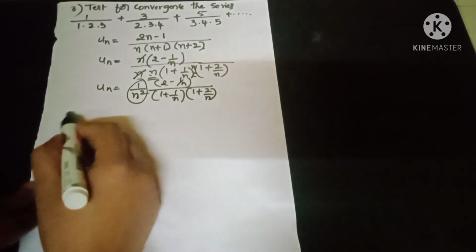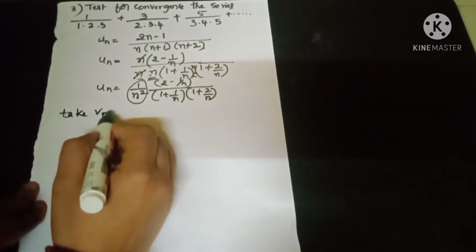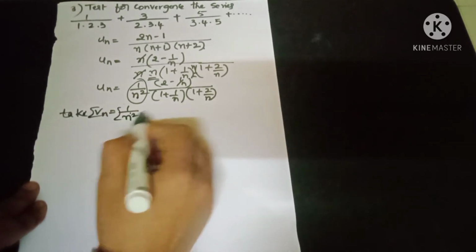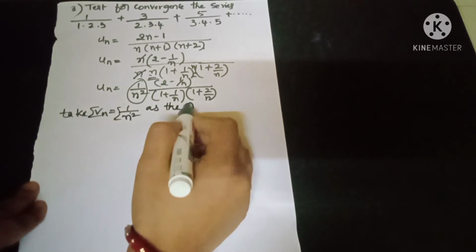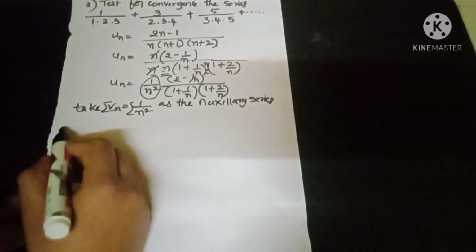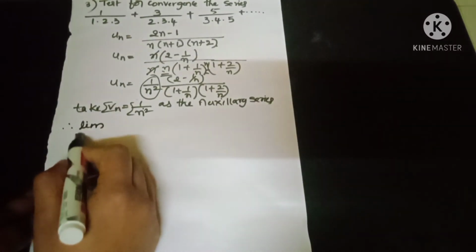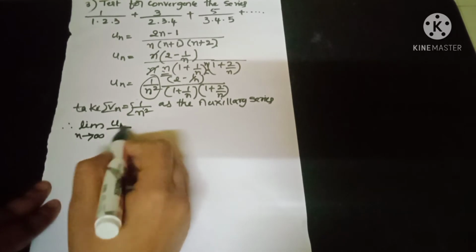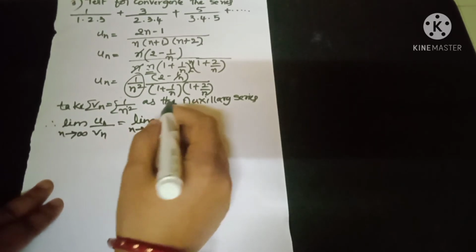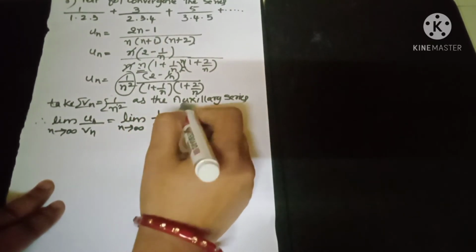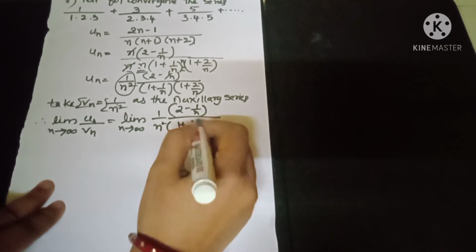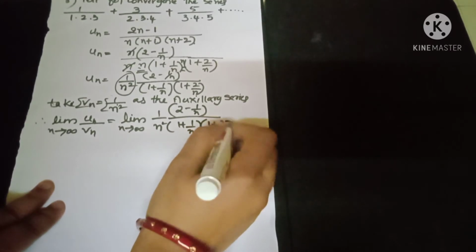So take this as the auxiliary series. Take Vn is equal to 1 by n square as the auxiliary series. So what happens to the limit as n tends to infinity of un by Vn? un is 1 by n square, 2 minus 1 by n upon 1 plus 1 by n into 1 plus 2 by n.